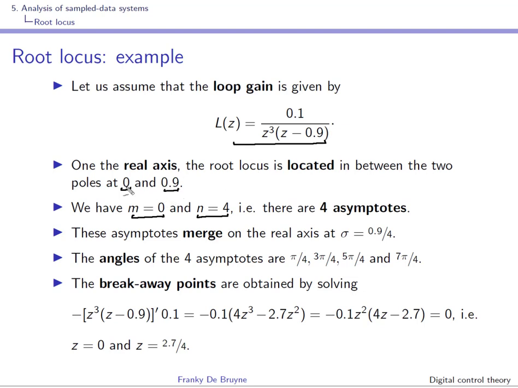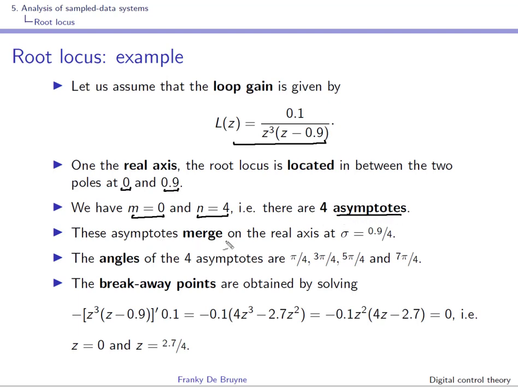So you can see here that on the real axis the root locus will be located in between 0 and 0.9. We have m equal to 0, n equal to 4, so there will be n minus m, so 4 asymptotes.